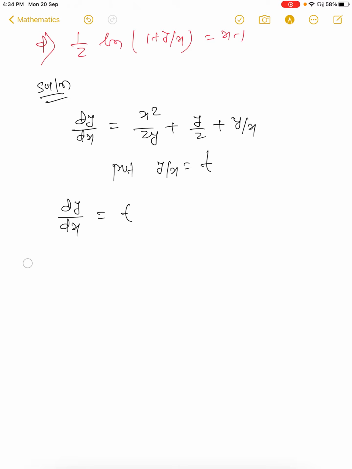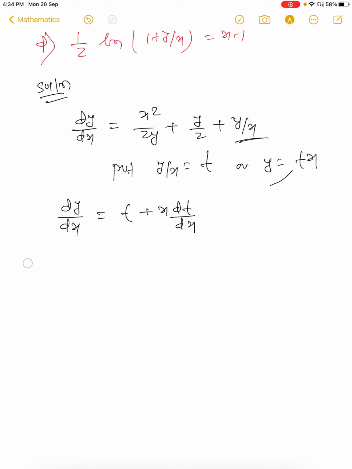t plus... or y is equal to tx, so dy/dx is equal to t plus x dt/dx.